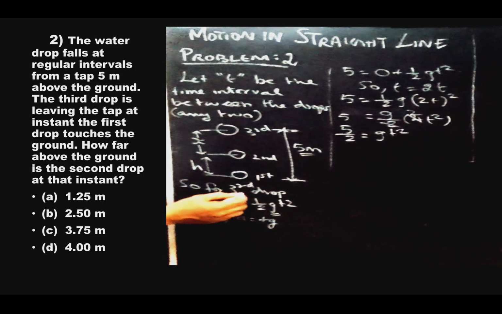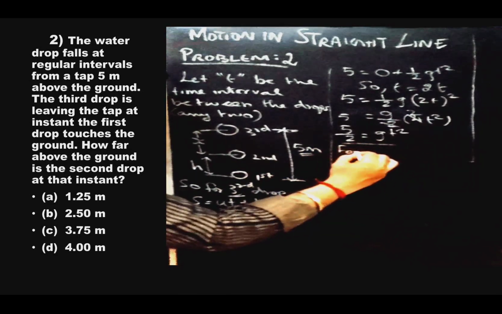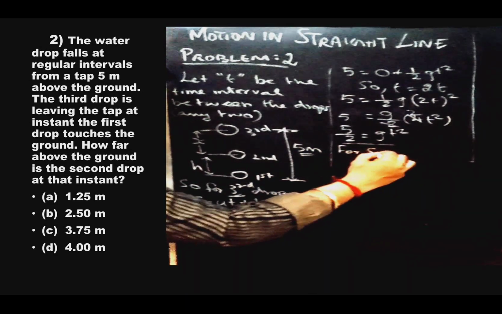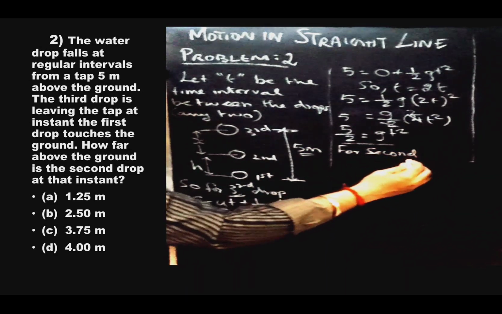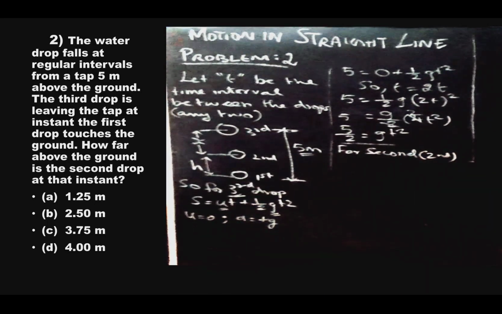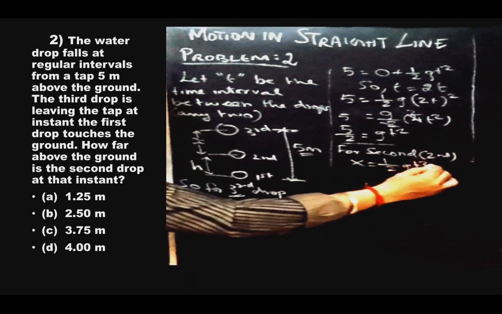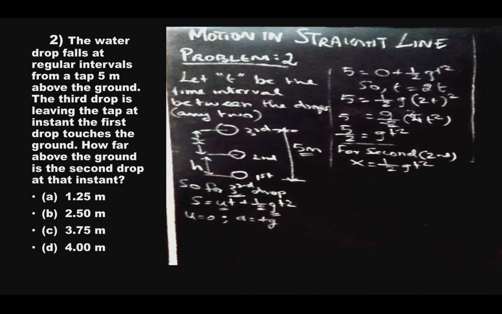So for the second drop to come down, we are going to see how far it is in distance. For the second one, I take the displacement as x. So x is equal to half gt square.